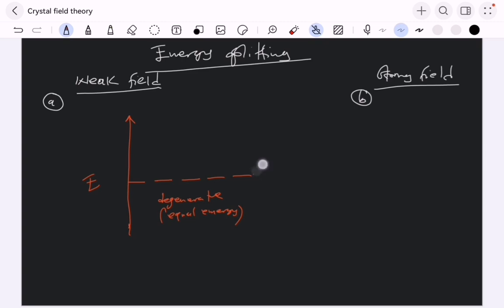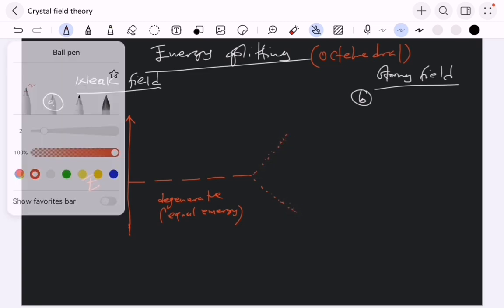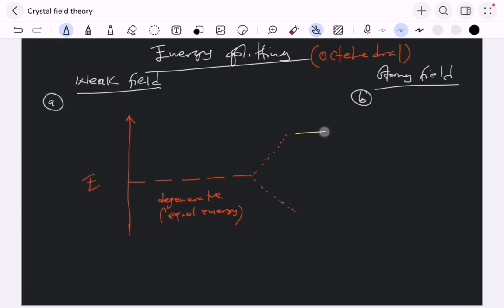Then after splitting, we are considering an octahedral. After splitting, we're going to have 2 orbitals up there, which are the dx squared y squared and the dz squared. Then the other three, which are the dxy, the dxz, and the dyz, will be found down below.